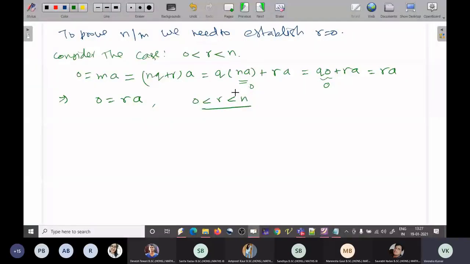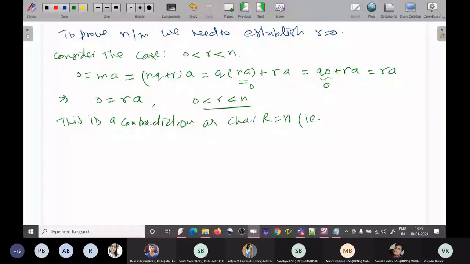So we are forced to take r equals 0, and in this case m equals n times q plus 0.